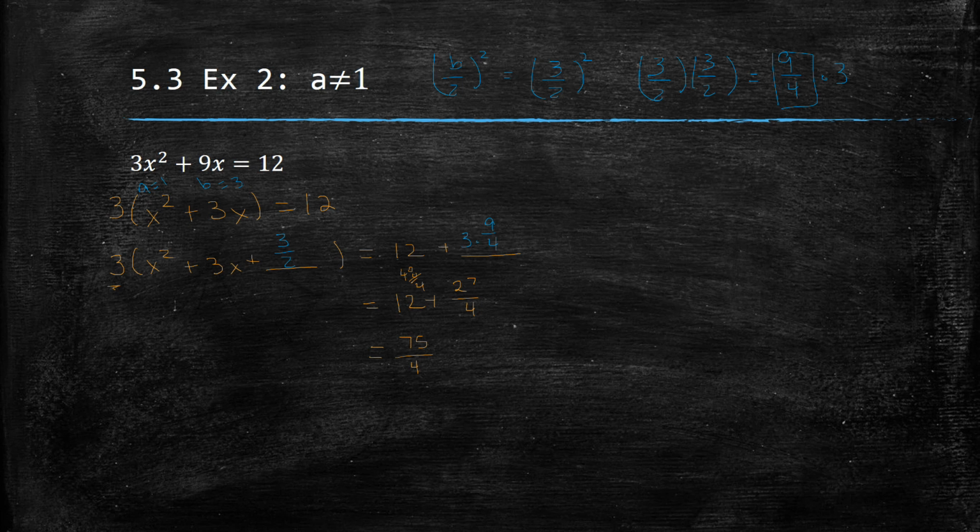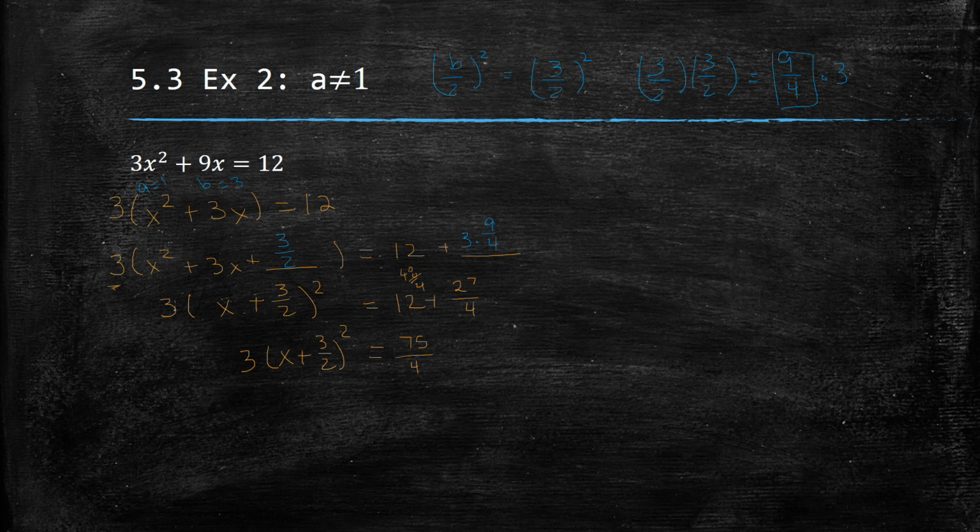left hand side. So we follow our same basic skeleton. We have 3, and then it's still going to be x plus 3 over 2 squared. So this follows the same skeleton as before when we go to the factored form. So I'm just going to bring it down here. 3 times x plus 3 over 2 squared.